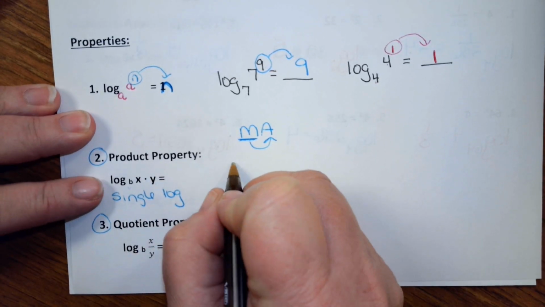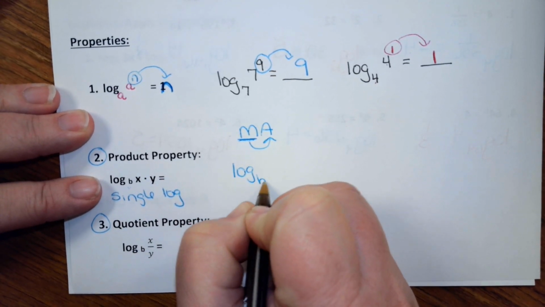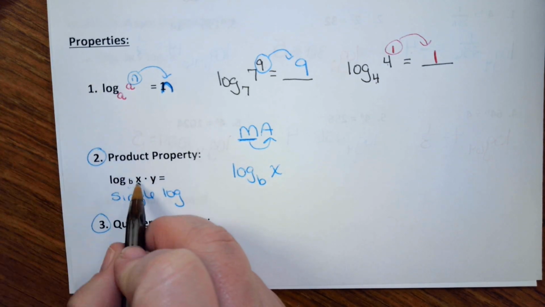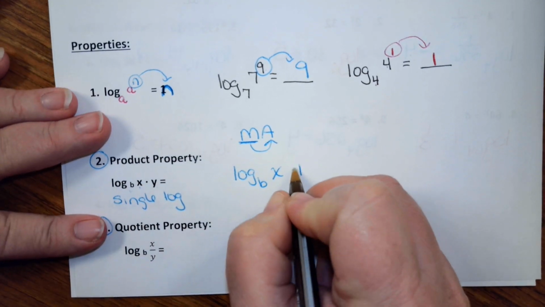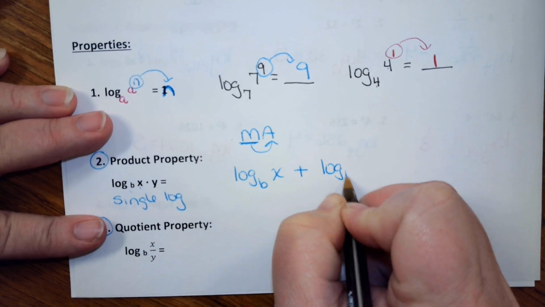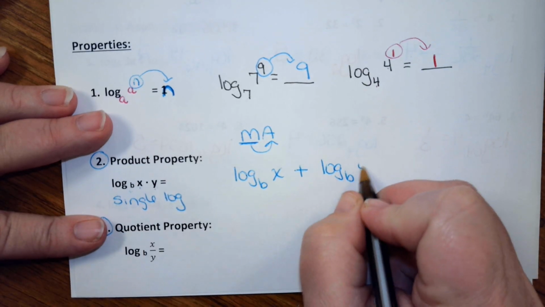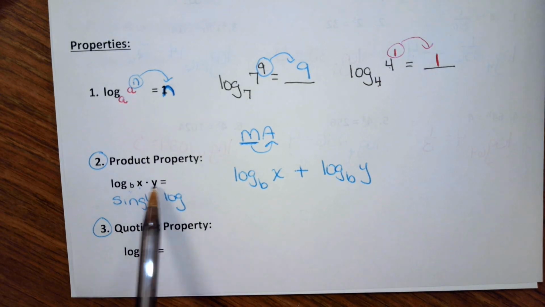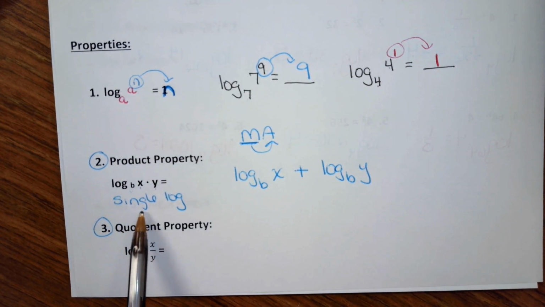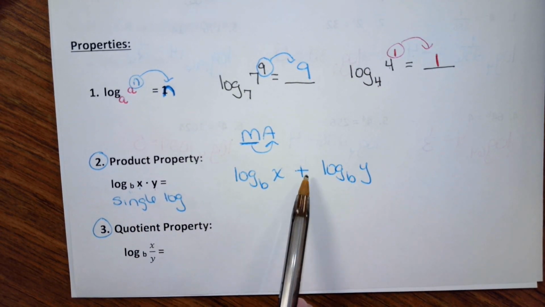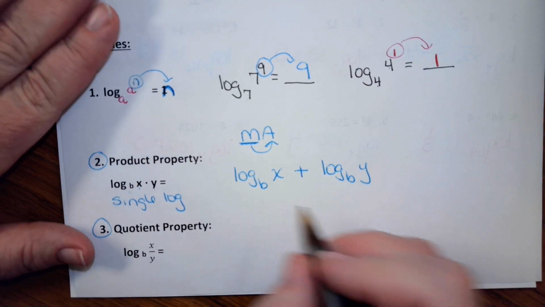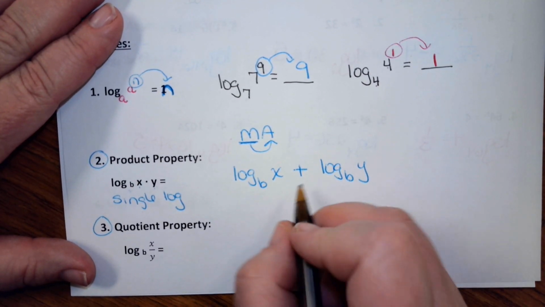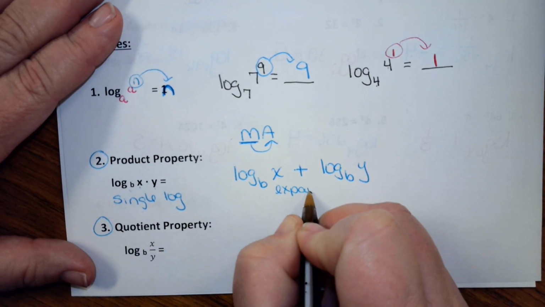We're going to say the log base B of x, since x was given to us first, plus log base B of y, since y was given to us second. So to take it from a single log to expanded form, you put addition in the middle. And they both have the same log base. So this is expanded form.